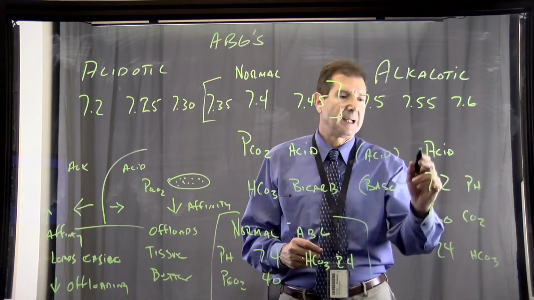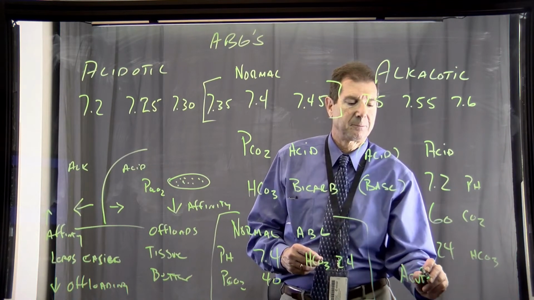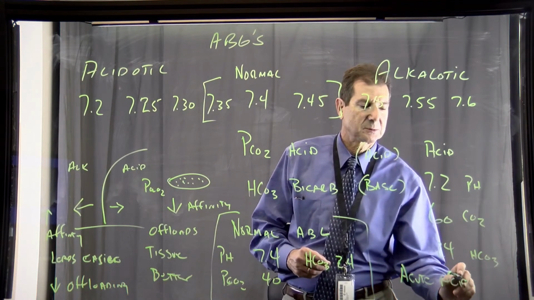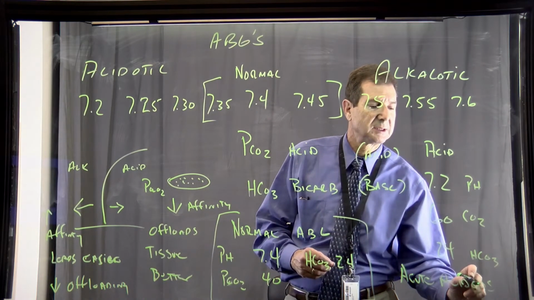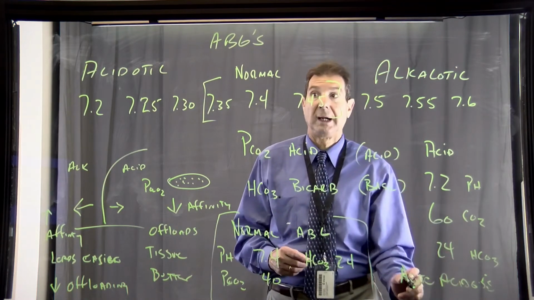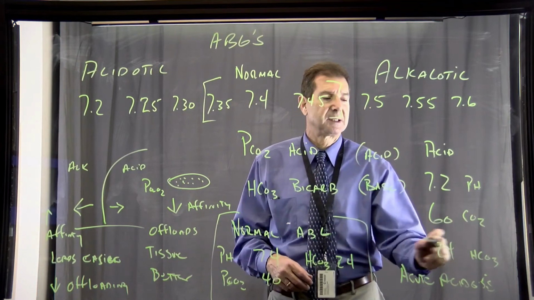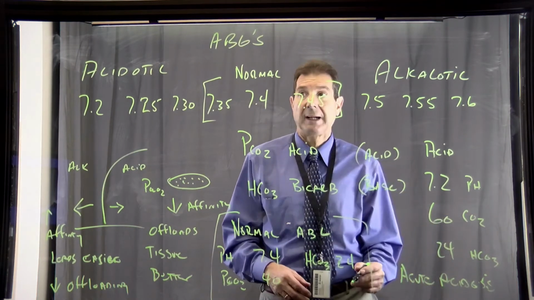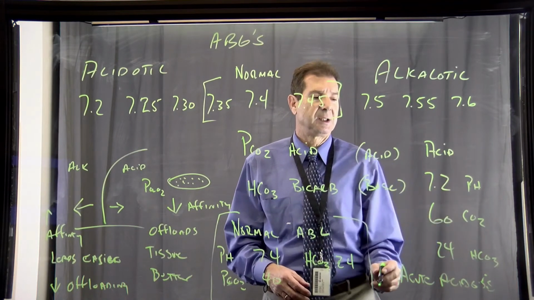If we were to analyze this gas, we would say this was an acute acidosis. Why? Because the body has not had a chance to balance this out and bring the pH back into the normal range. It's an acute acidotic condition.